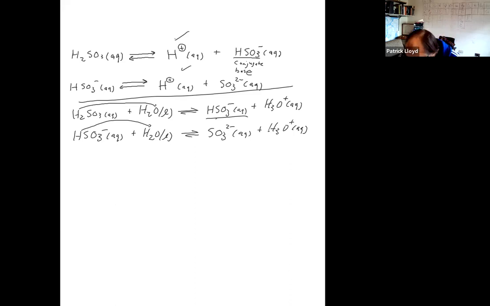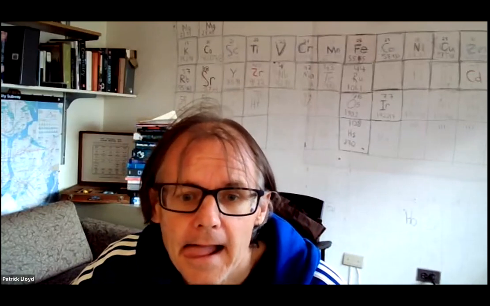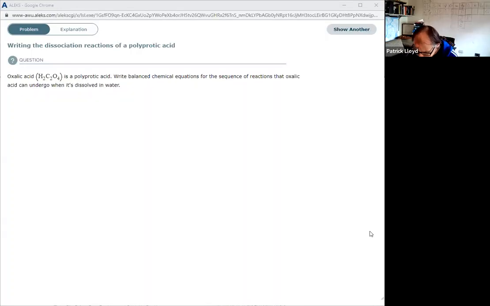Let's look at another example. Now this one is for oxalic acid, H2C2O4. It's a polyprotic acid, right? The balanced chemical equations for the sequence of reactions that oxalic acid can undergo when it's dissolved in water.